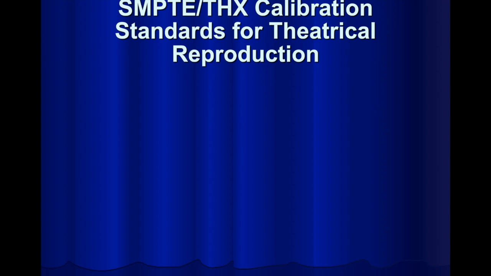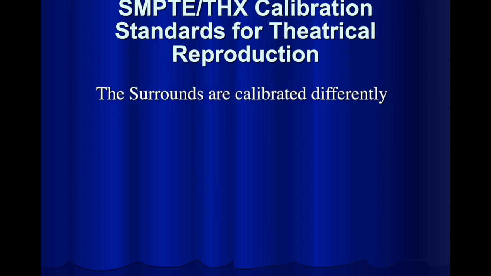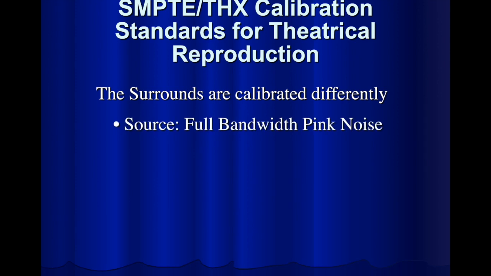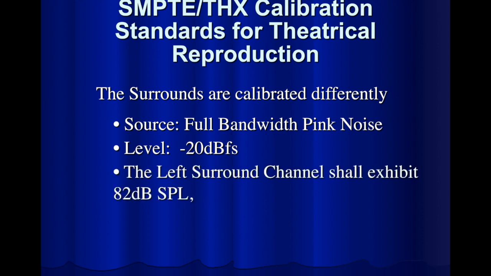Next, we have our surround channels. The surround channels are calibrated a little differently. Our source is full bandwidth pink noise. We still set the level at minus 20 dBFS, but you set the left surround channel to exhibit 82 dB SPL.